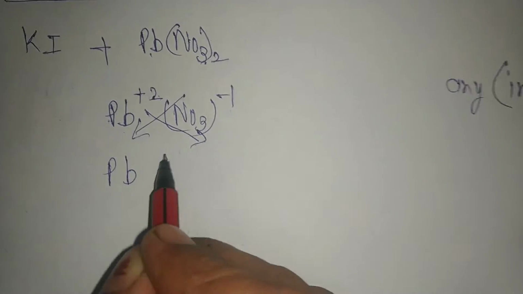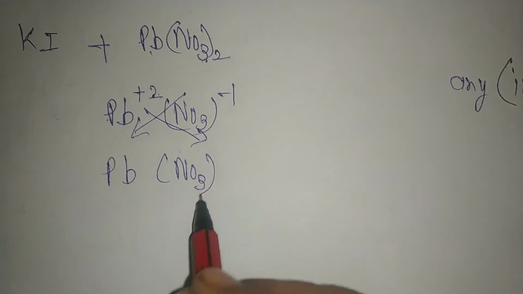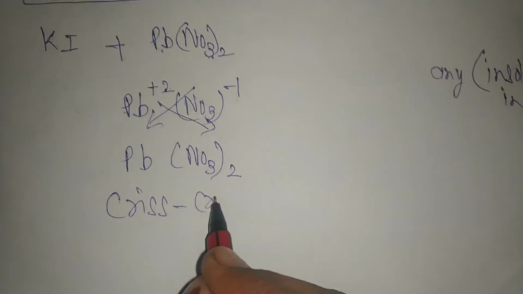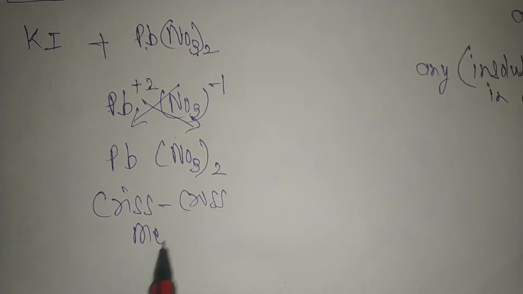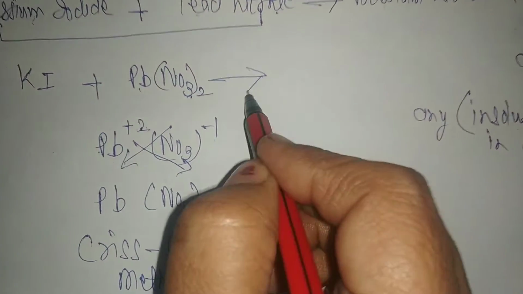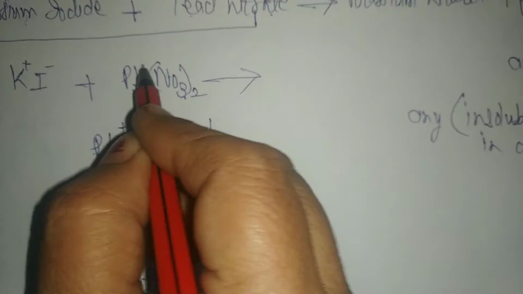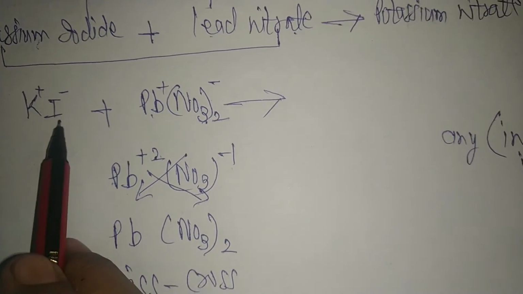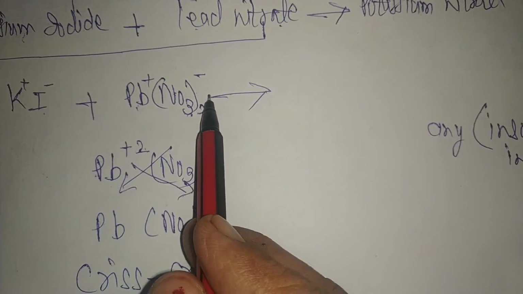So the valencies come in the foot, so it becomes Pb(NO3)2. This is called the crisscross method. Again this is plus, this is minus, this is plus, this is minus. This is metal, non-metal, metal, non-metal.